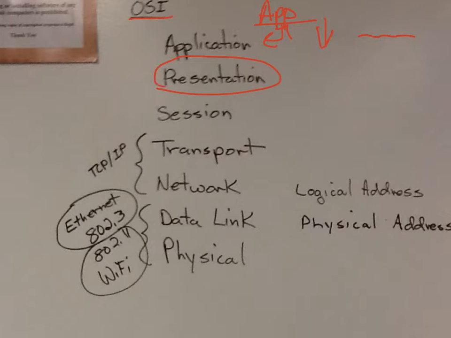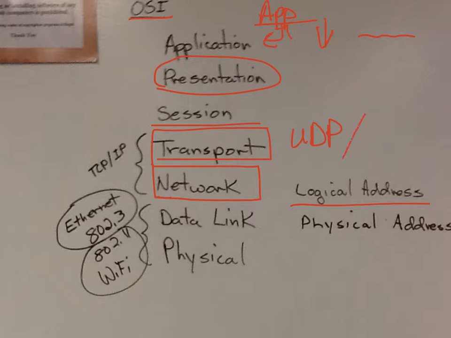How we're going to present the data, whether it's going to be encrypted or not, create a session, how we're going to transport the data, what's the best path, how it's going to find a path through the network, logical address there. So this would be UDP, TCP.